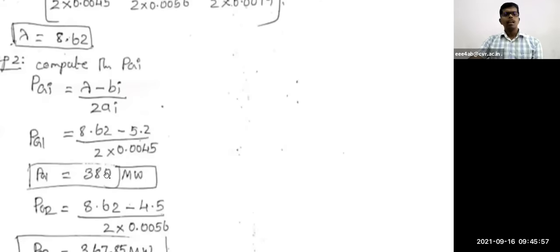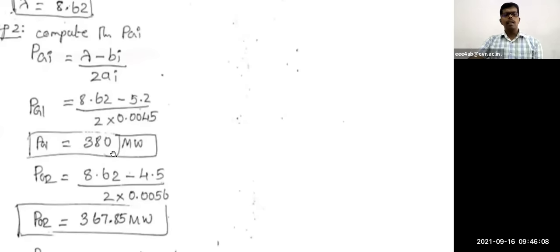Something like that, I think you will get 379.9 something. I just rounded off, but don't round off whatever the value is coming. After decimal, take 4 digits. So I am getting PG1 as 380 megawatt.